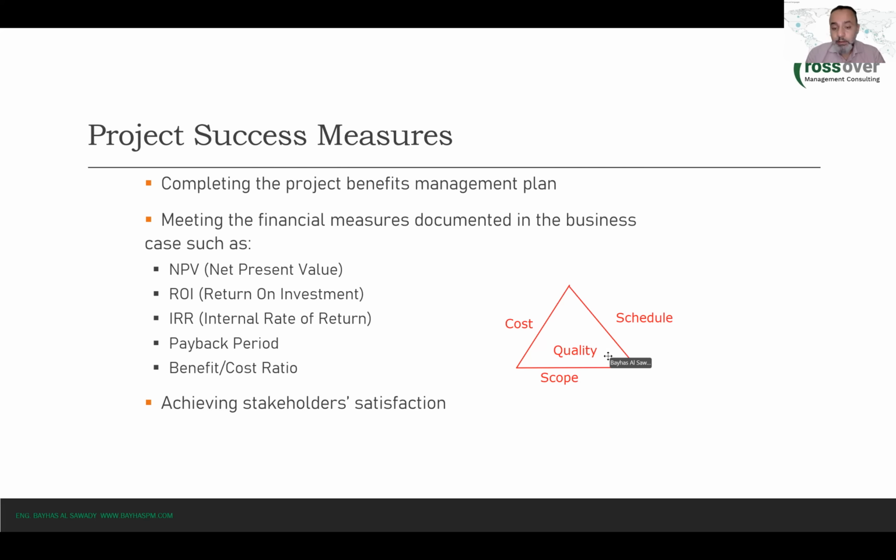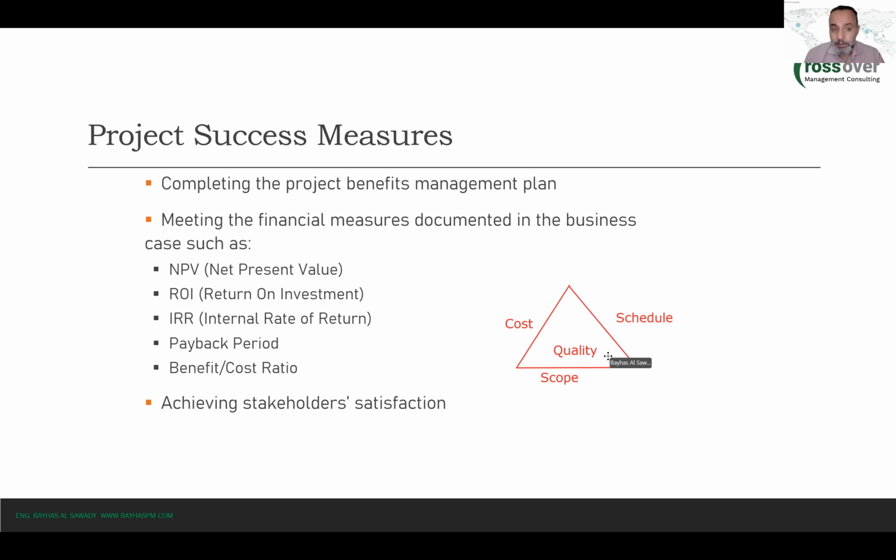So that was the traditional way of defining the success of a project. If a project finishes on time, on cost, within quality requirements and metrics, then it's considered a success. But later on, someone asked, what if the project finishes on time and within cost and quality requirements, but it did not deliver the benefits that the project was originally launched to achieve? Would that also be considered a success?